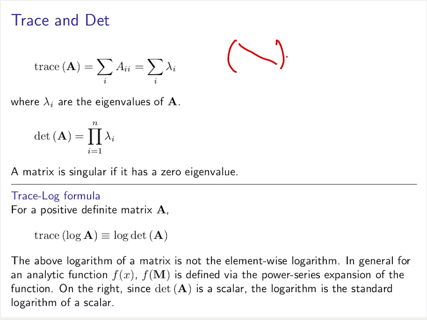And interestingly, the determinant of a matrix A is the product of its eigenvalues. The matrix is singular if it has a zero eigenvalue, and we also called a matrix singular if its determinant is 0. There is an interesting identity between the trace and the determinant, which is written down here, but we don't need it in this lecture.